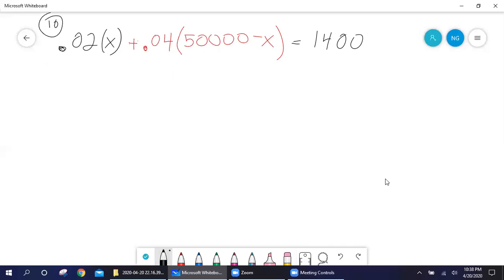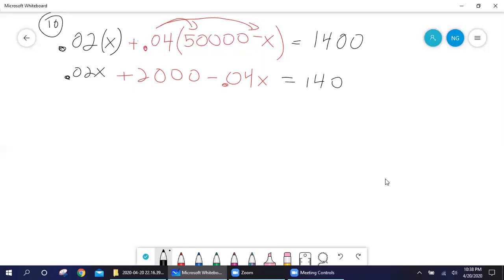So granted, I have some kind of nasty decimals here. This is still solvable though. If I distribute the 0.04 through this, this is going to give me 2,000 minus 0.04x. If I combine my like terms, 0.02 minus 0.04 is going to give me negative 0.02x.